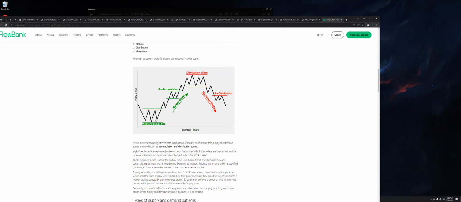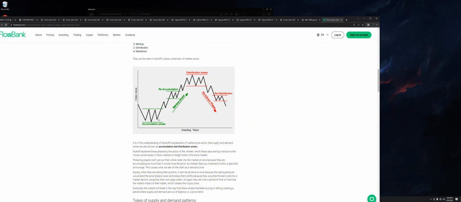We accumulate, it accumulates buys, reaccumulates, but just know that it's all a markup. And then after that markup, what happens? It distributes. We can't run forever. We need to come right back down to capture liquidity, and then we can see the run right back up.